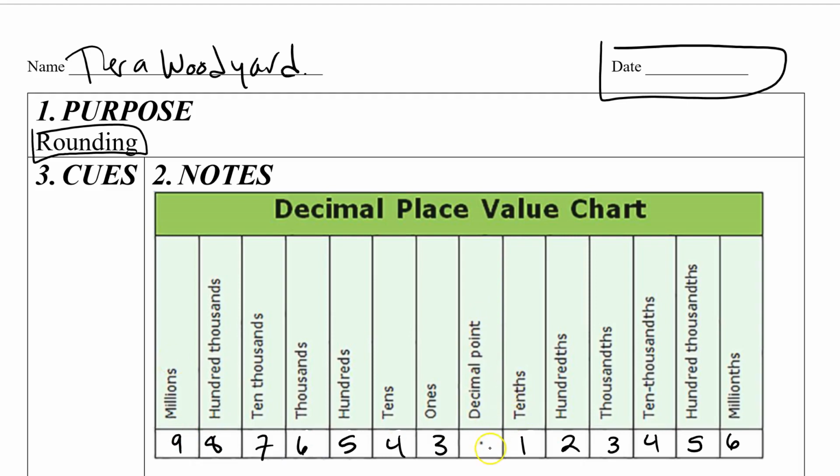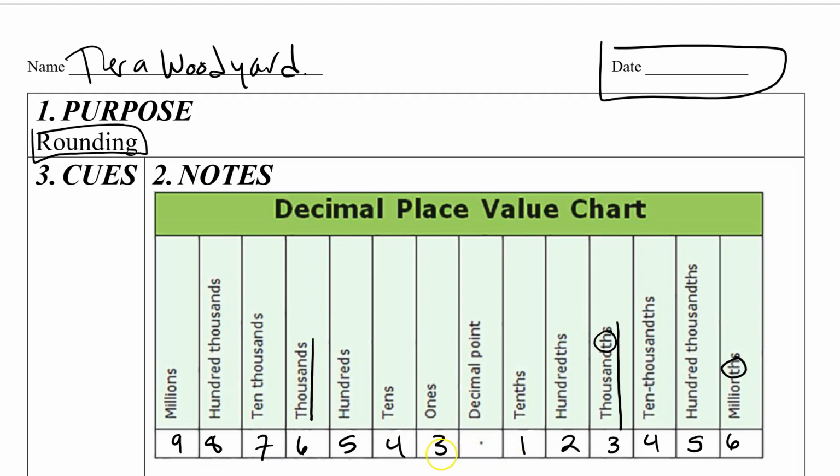And after the decimal point, we have tenths, hundredths, thousandths. It's the same thing, but we just have an extra th in there to represent the fact that we are to the right-hand side of the decimal point.